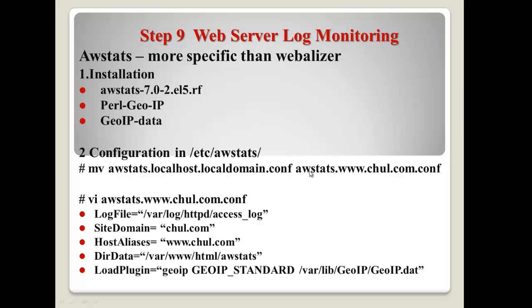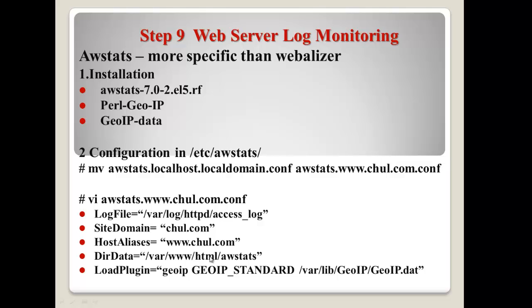You need to change it to, in my case, the main domain, awstats.www.chul.conf, like this. After that, open this file using vi, and you need to configure these five lines: the log file, the exact path of the log file, and the domain name, and host alias, which means my main domain.